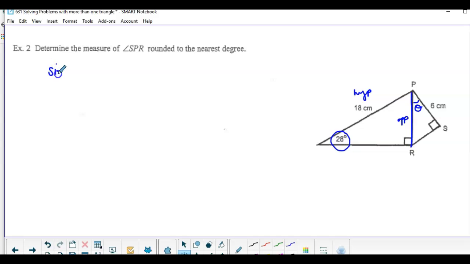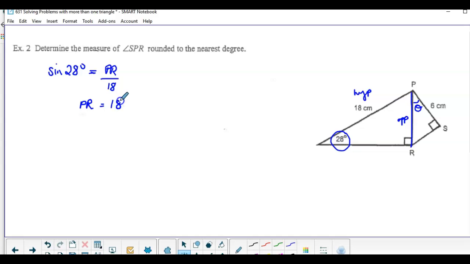So sine of 28 equals opposite. I'll use the 2 letters for now, PR. You could call it X if you wanted. So PR over 18. And so remember, if your unknown's in the numerator, you're multiplying.